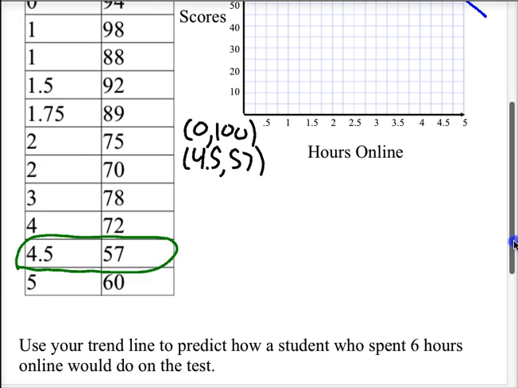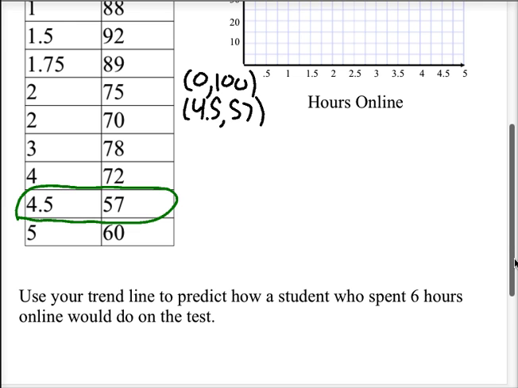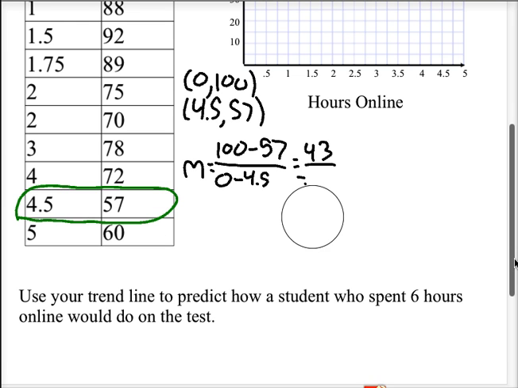To make the equation of the line, remember, I have to find the slope. So 100 minus 57 over 0 minus 4.5. That is going to give me 43 over negative 4.5.